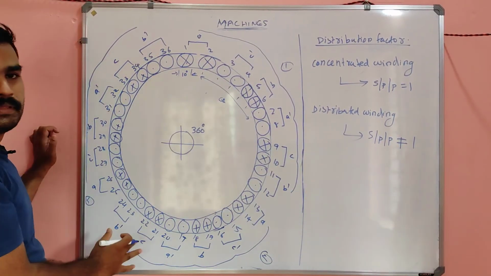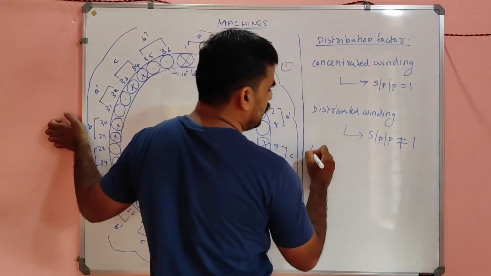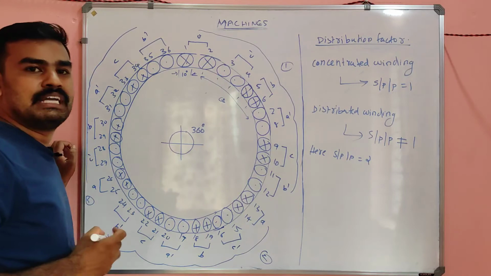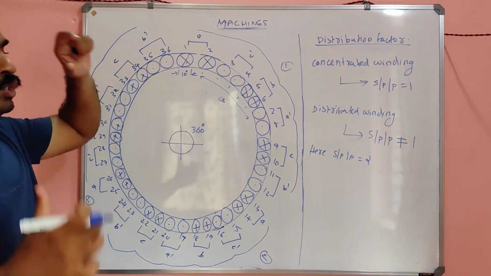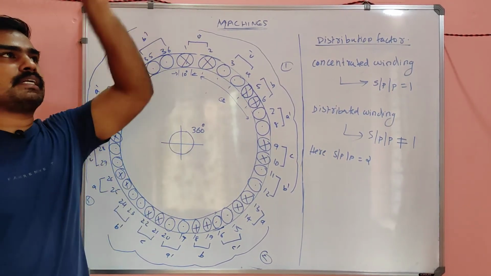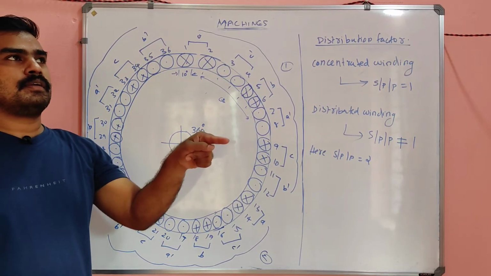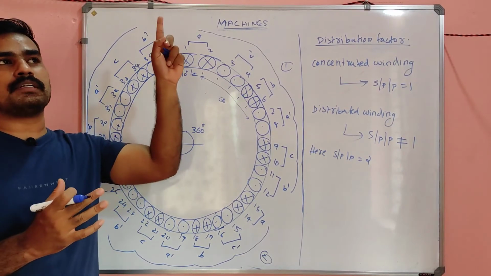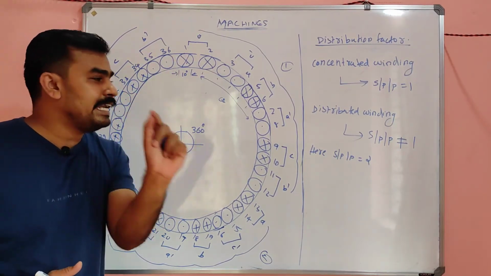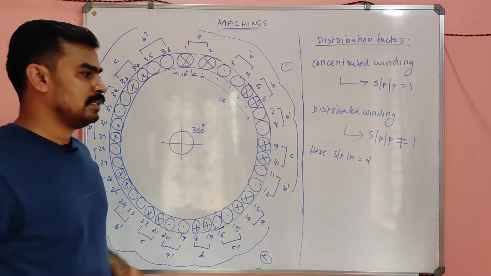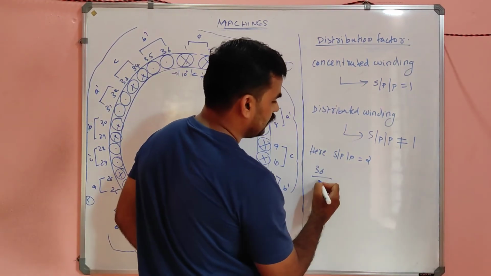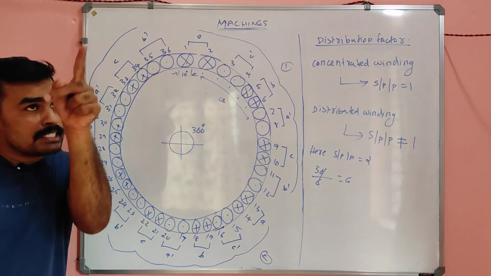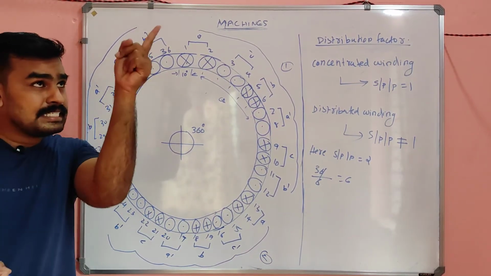In this machine, what is the slot per pole per phase? We got 2. Total 36 slots. Slots per pole means for each pole how many slots? 36 by 6 poles, so 6. So there are 6 slots for one pole.